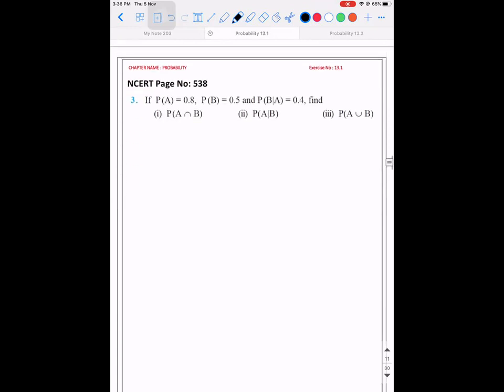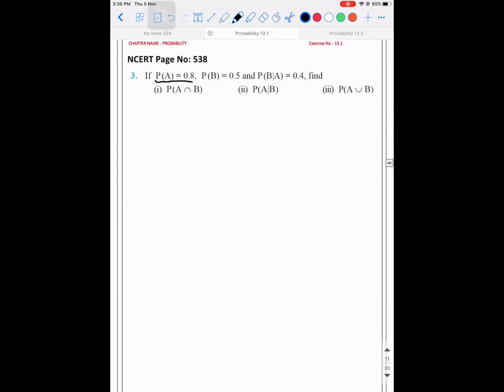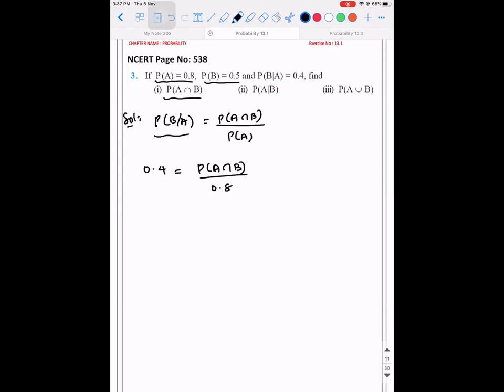Let's move on to the third one. So third one, probability of A is 0.8, probability of B is 0.5, probability of B given A is 0.4. Find probability of A intersection B. So probability of B given A is probability of A intersection B divided by probability of A. So 0.4 is equal to probability of A intersection B divided by probability of A, which is 0.8.